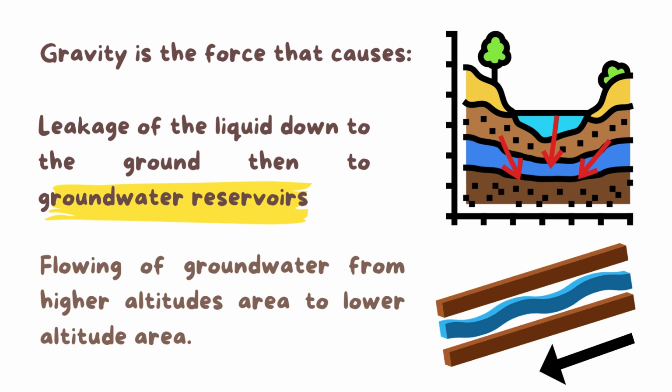We also have the flowing of groundwater from higher altitude areas to lower altitude areas, as any flowing from the higher altitude to the lower altitude is according to the gravity force. So here we have the leakage of the liquid down into the groundwater reservoirs, and the flowing of groundwater from the higher altitude to the lower altitude area.